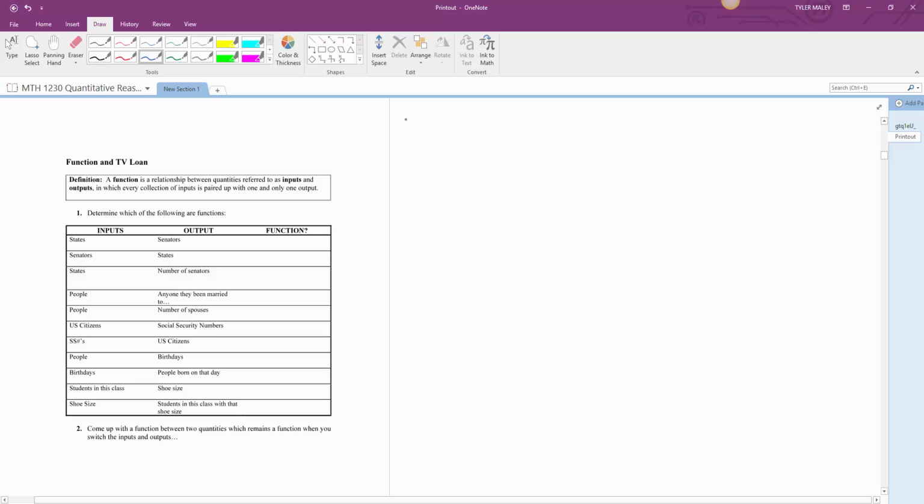So what you would find is that every state has 2 senators, exactly 2 senators.